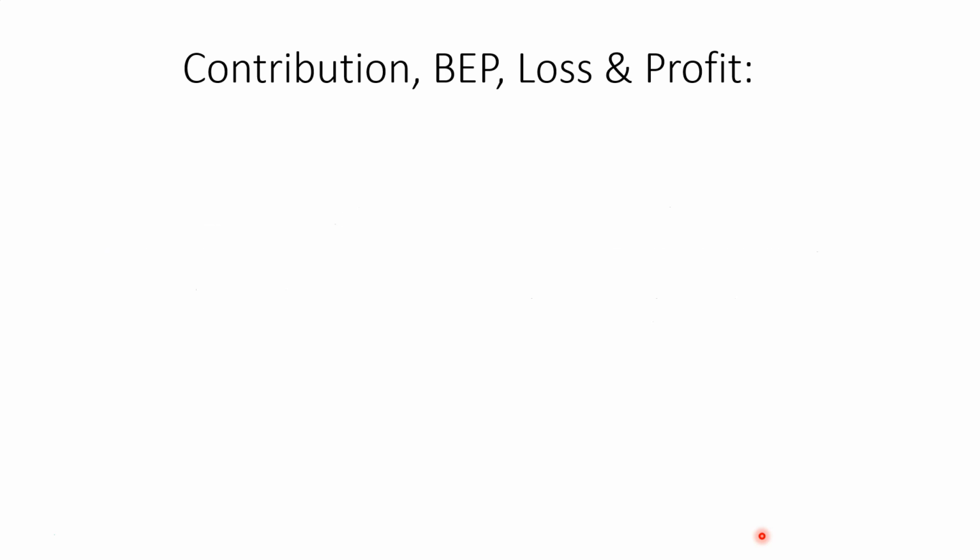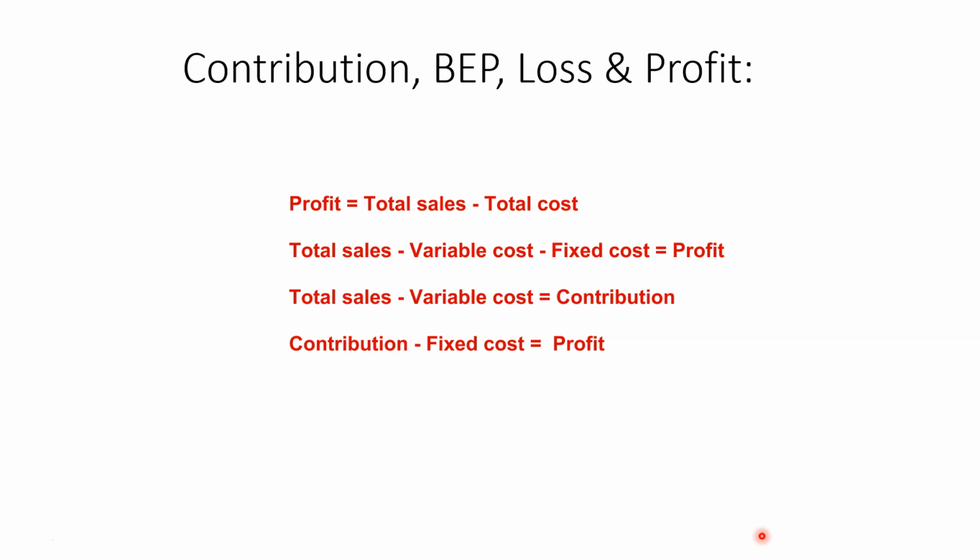Now let us try to understand what is contribution, break-even point, loss and profit. So what is the general formula for profit? Profit is nothing but total sales minus total cost. Now in marginal costing, total cost can be divided into variable cost and fixed cost.